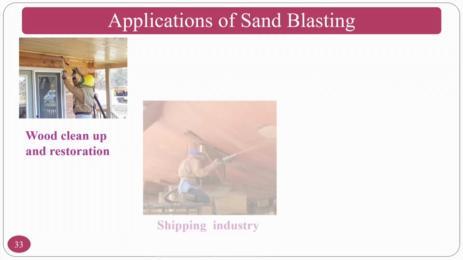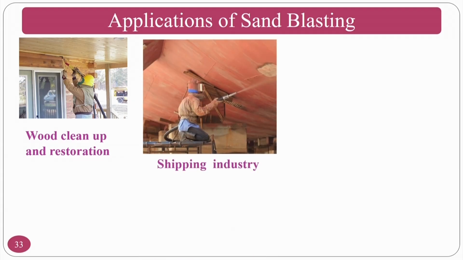People also use it in the shipping industry for anti-foul coatings. Sometimes these coatings have to be removed, so they remove everything and coat it again, or they want to create a super hydrophobic surface so that they can coat good coatings on top of it. For those applications, people use sandblasting.